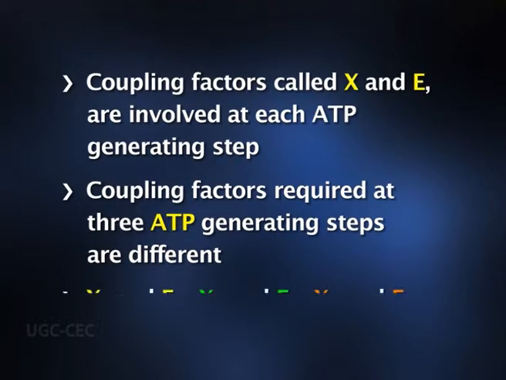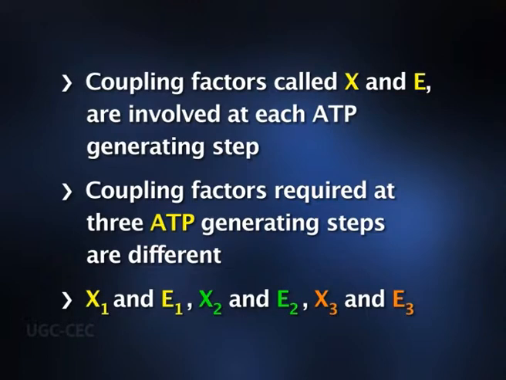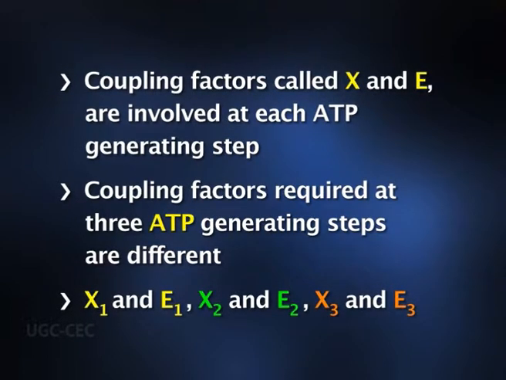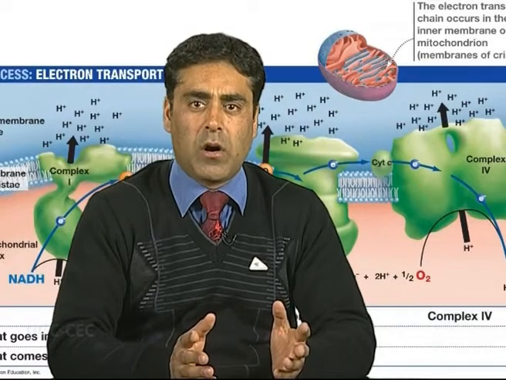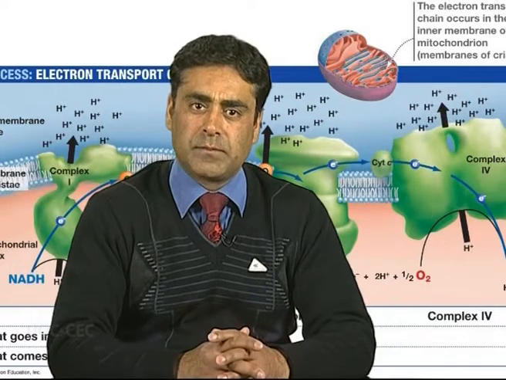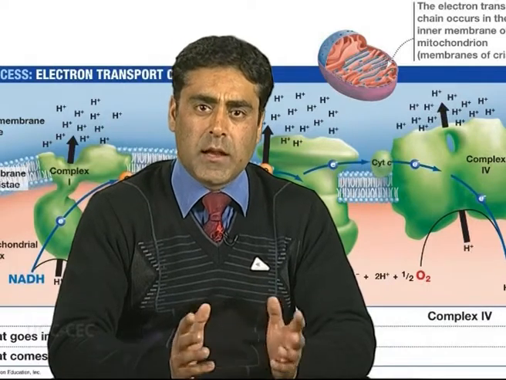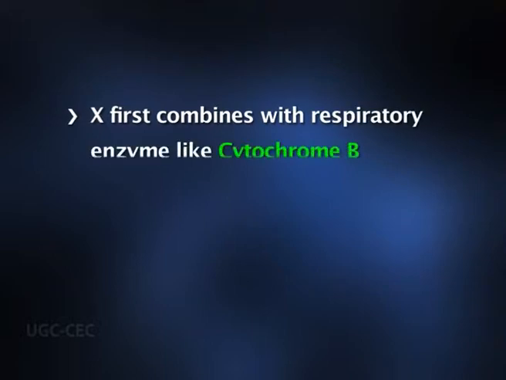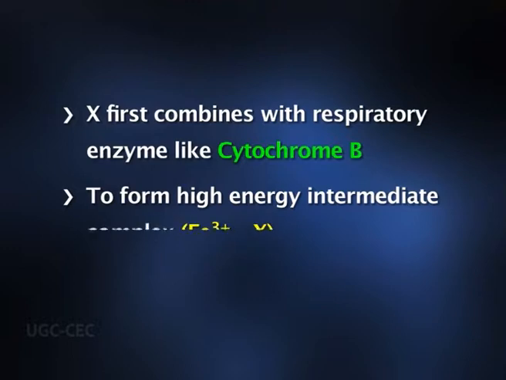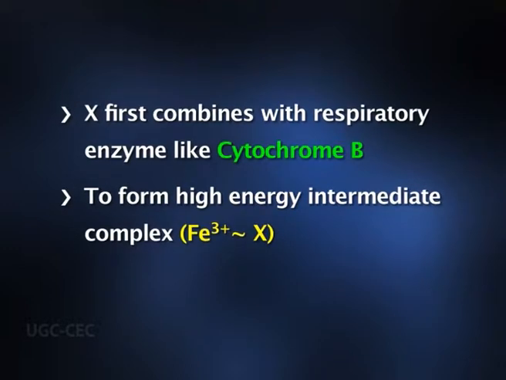They are designated as X1 and E1, X2 and E2, and X3 and E3. The various steps of the mechanism are as follows: first, the coupling factor X combines with the respiratory enzyme like cytochrome b to form a high energy intermediate complex.